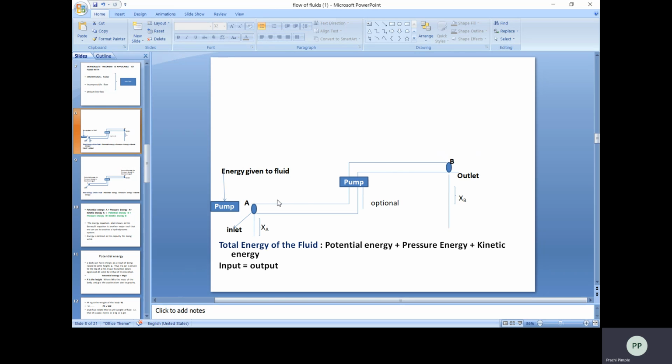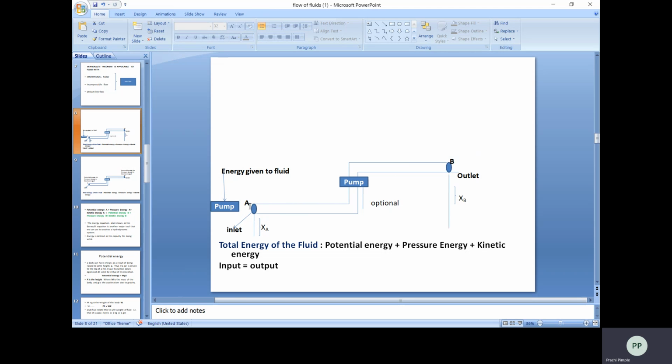Now consider this as a pipeline through which your fluid is going to flow. A is my inlet and B is my outlet. According to the statement of Bernoulli's theorem, the total energy at A is exactly equal to the total energy at outlet. I am going to give some energy to my substance so that it can flow. So the fluid will flow because of the energy provided by the pump.